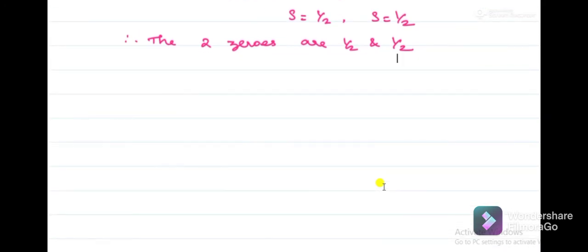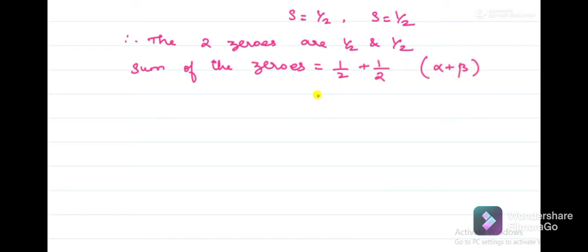After finding the zeros, let us find the relationship between the coefficients and the zeros. Sum of the zeros is equal to alpha plus beta. Adding the two zeros, 1 by 2 plus 1 by 2 equals 2 by 2, which is 1. Let us check. This should be equal to minus b by a.